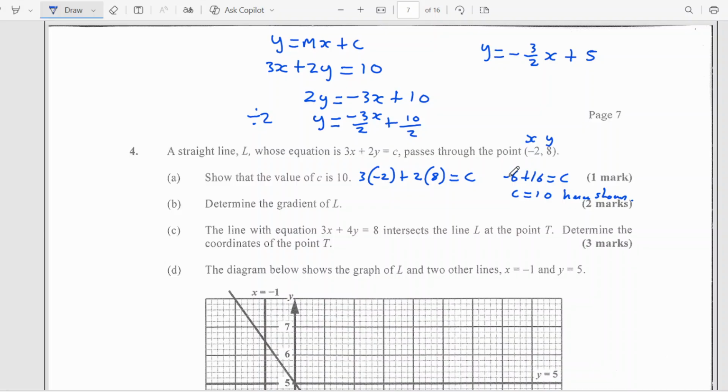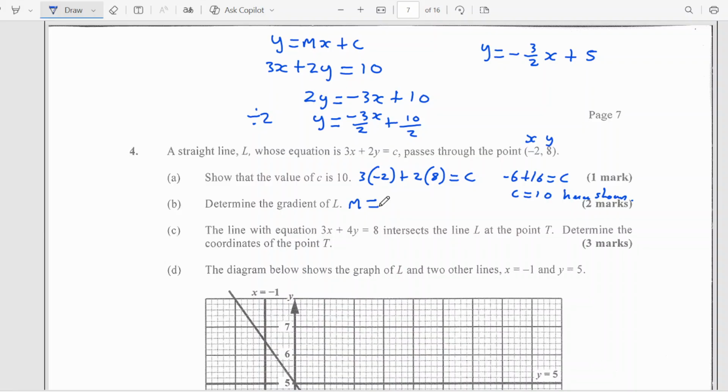So where is the gradient? Where's the gradient? I do all the work for you. Ashley, where's the gradient?